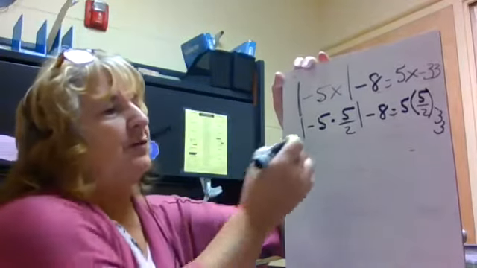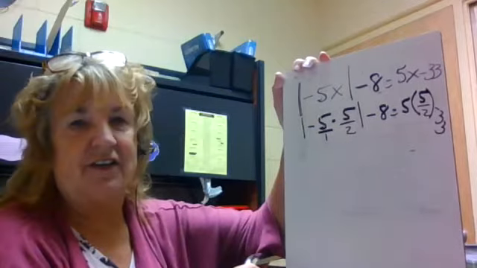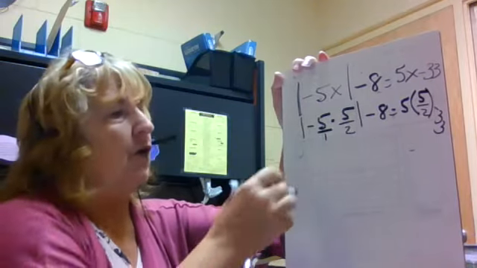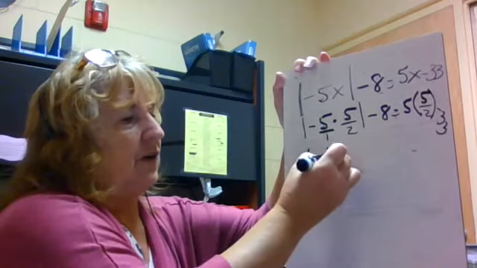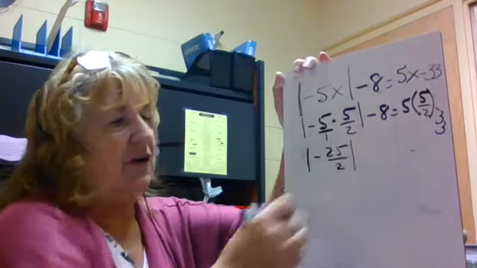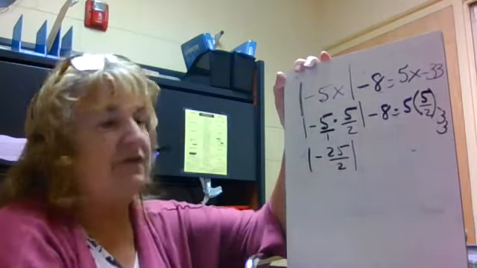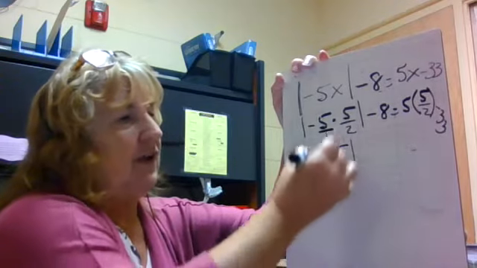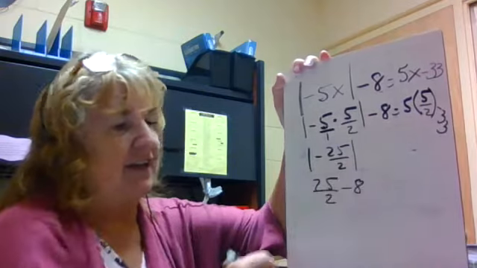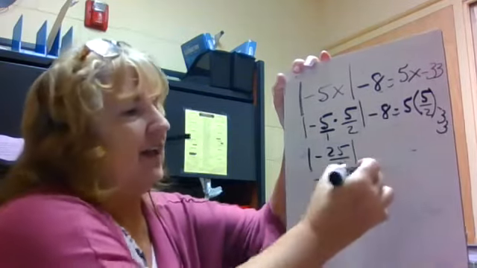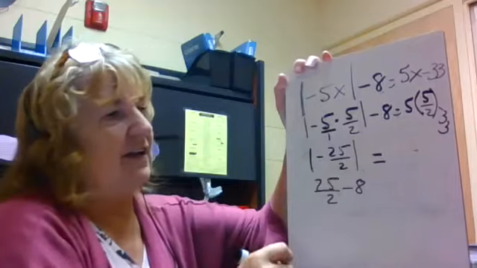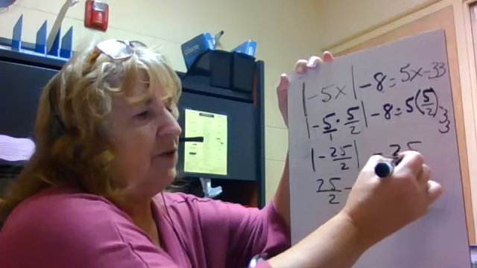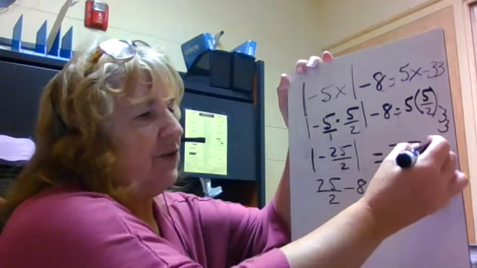Okay, remember when you multiply, you just multiply straight across. So negative 5 times 5 is negative 25 over 2. Well, the absolute value of negative 25 over 2 is 25 over 2 minus 8. Five times 5 over 2 is 25 over 2 minus 33.